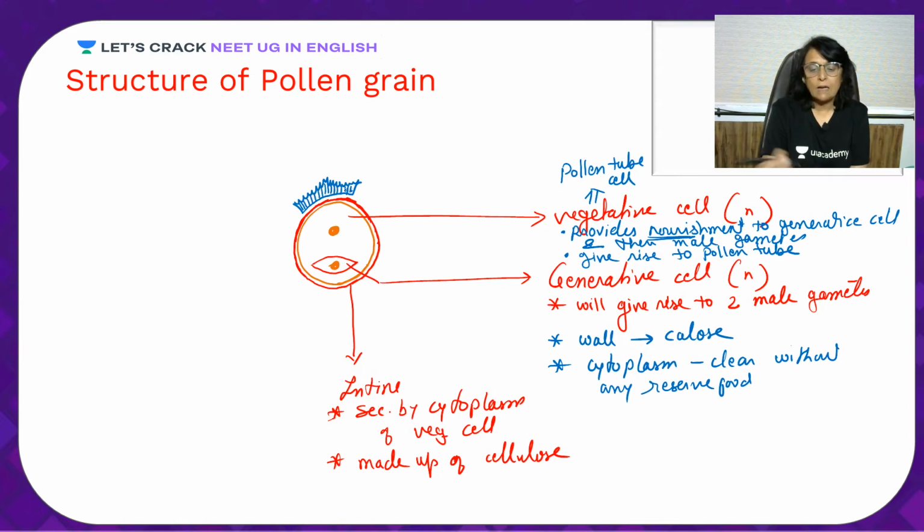It is rough, irregular, and it is a thick layer, and this layer is called the exine.